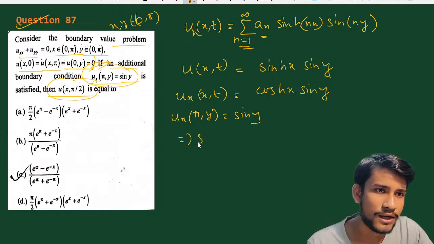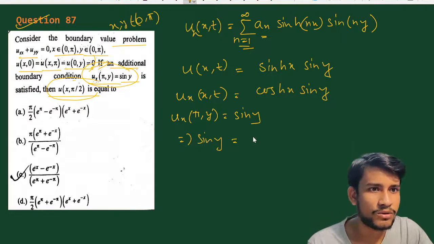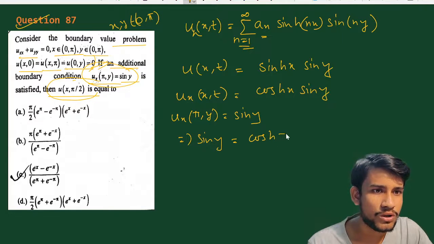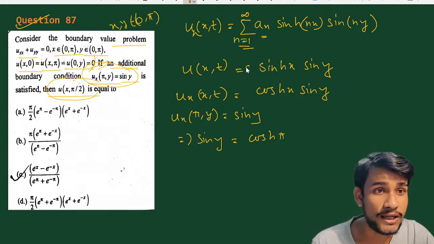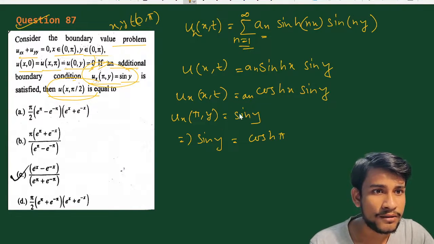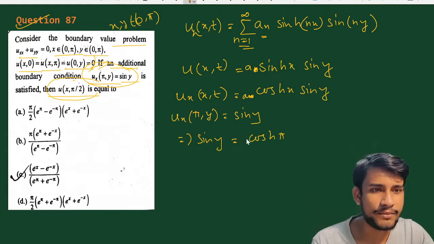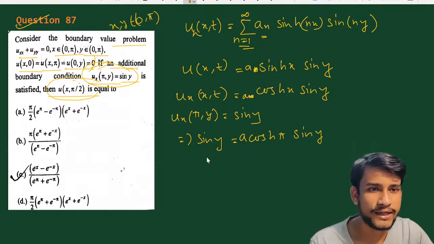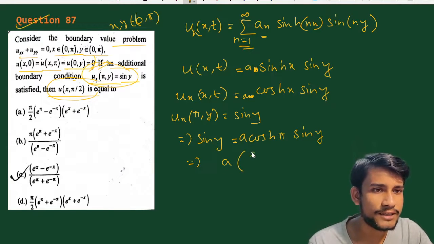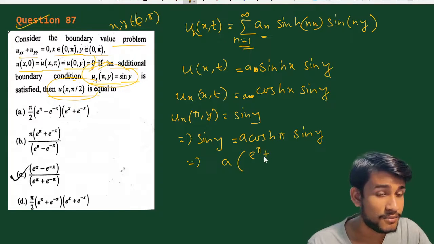That means sine y this is equal to a cos hyperbolic pi, सॉरी ये a यहाँ पर होगा. ठीक है, तो a यहाँ पर सपोज a लिखते हैं इसको सॉल्यूशन को. ठीक है, तो a cos hyperbolic pi into sine of y, sin y cancel from both sides, so this implies a into cos hyperbolic means exponential pi plus exponential minus pi by 2, this is equal to 1.